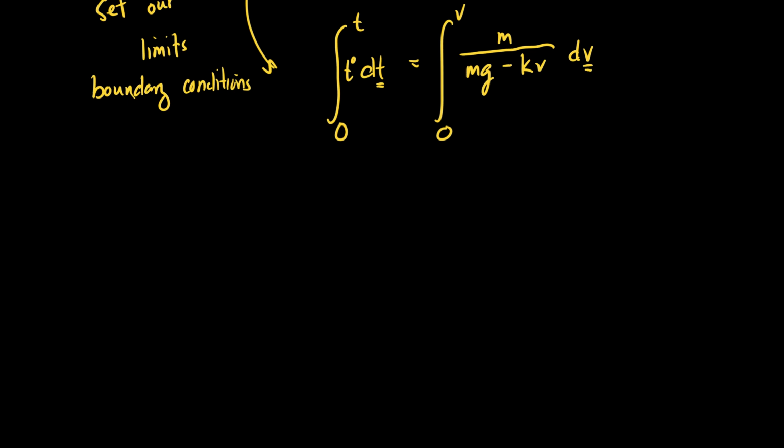You were supposed to know now, after this, what to do on the left side. And you should be able to apply the rules for finding the antiderivative of a polynomial, which meant adding 1 to the exponent and dividing by the new exponent. Sound familiar? Do you guys remember doing this? So the left side of this just becomes t, evaluated from 0 to t. That's all that is on the left side.